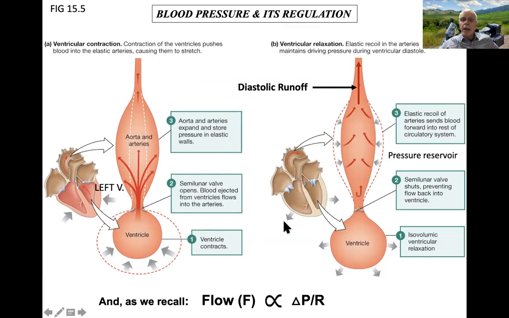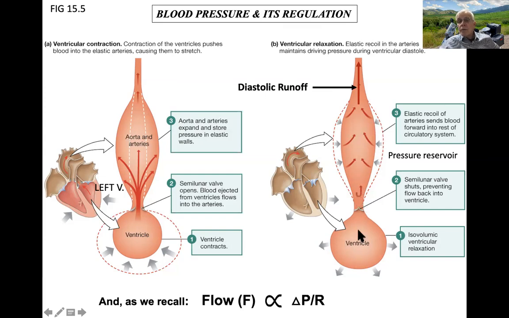When the heart relaxes during diastole, I can see it relaxing back out and accommodating the inflow of blood, which they don't show here. But the aorta, in this case, the elasticity around it would cause it to recoil back to its original dimension. That's going to create a pressure here, which will close the semilunar valve.